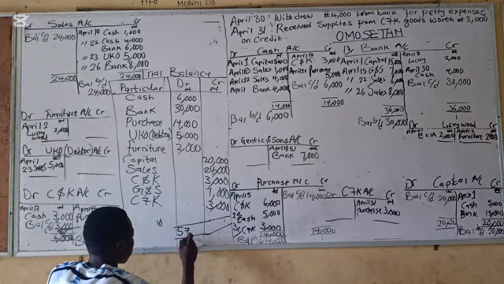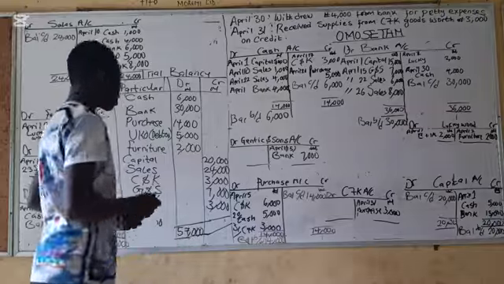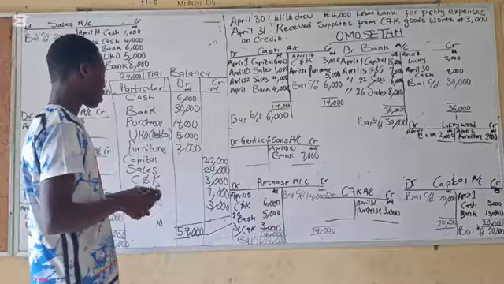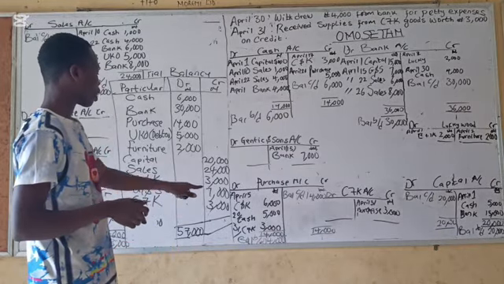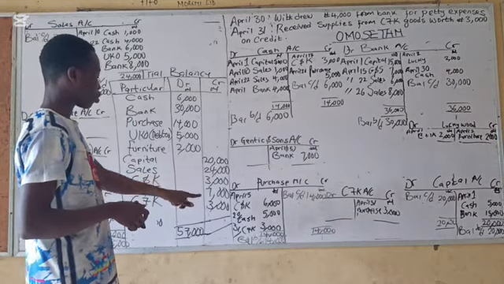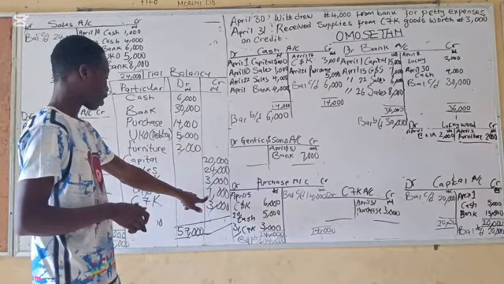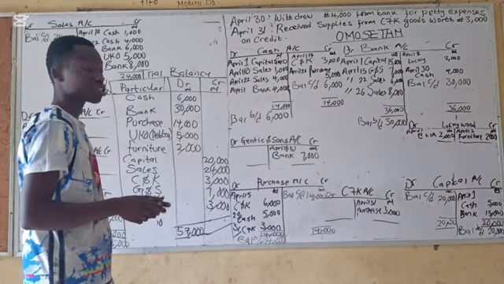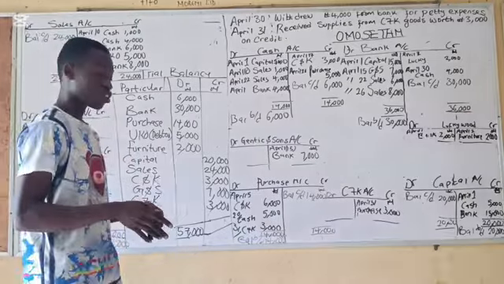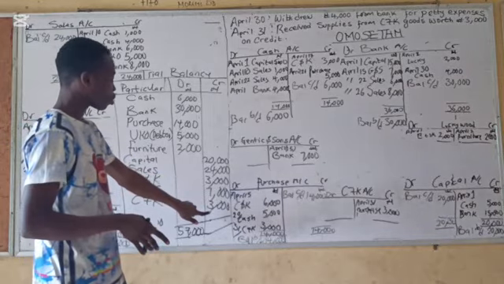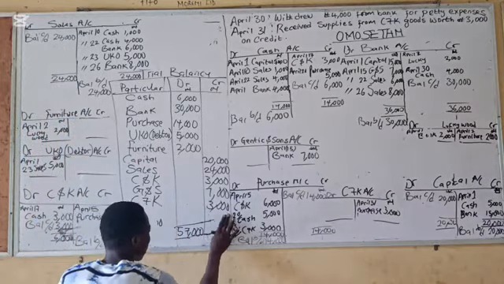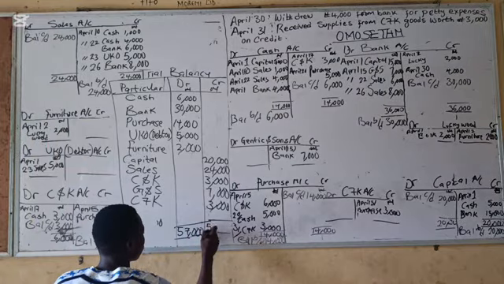So we have 57,000. Now, at the other side, we have 20,000 plus 24,000, that is 44,000. 44,000 plus 3,000, that is 47,000. 47,000 plus 7,000, that is going to give us 54,000. 54,000 plus 3,000, that is going to give us 57,000. So at this side, I'm going to have 57,000.